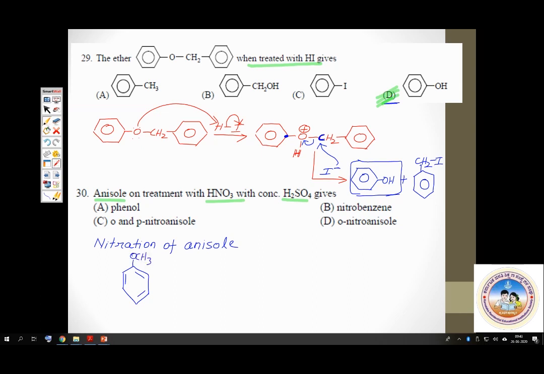you'll have nitration taking place at the benzene ring. What are the preferred positions? The preferred positions are the ortho position and the para position. So you get a mixture of an ortho substituted product and a para substituted product.